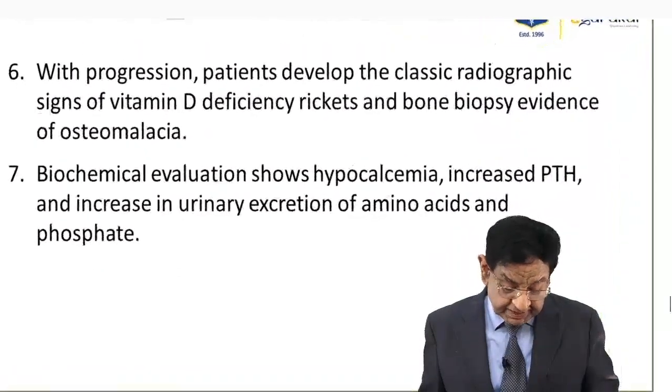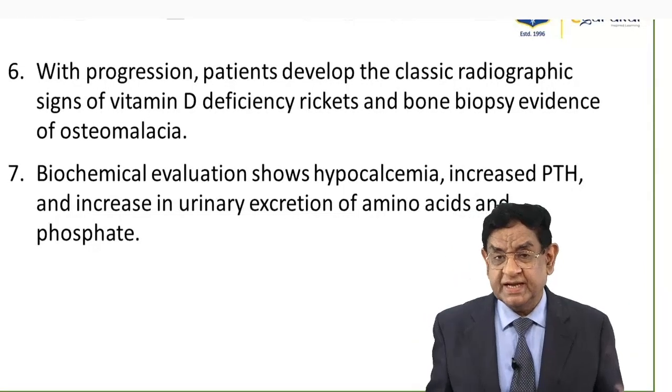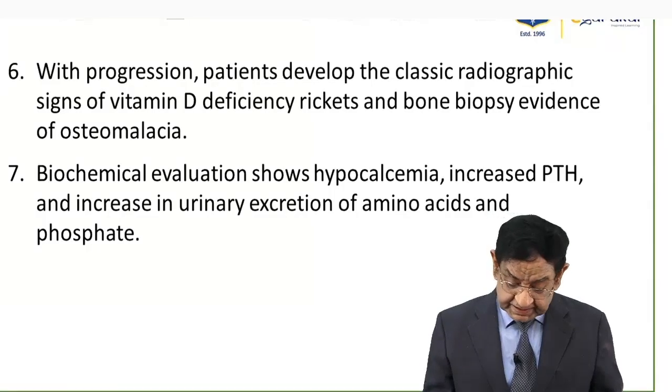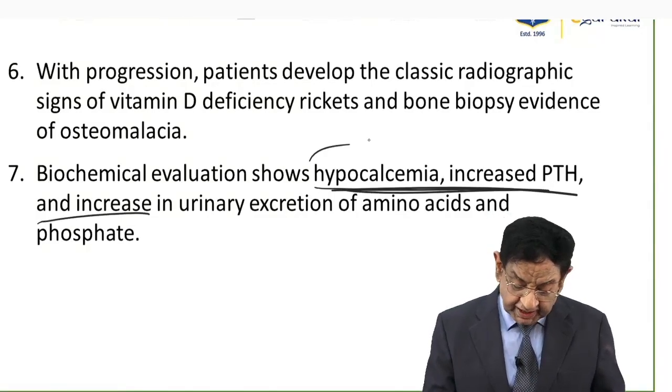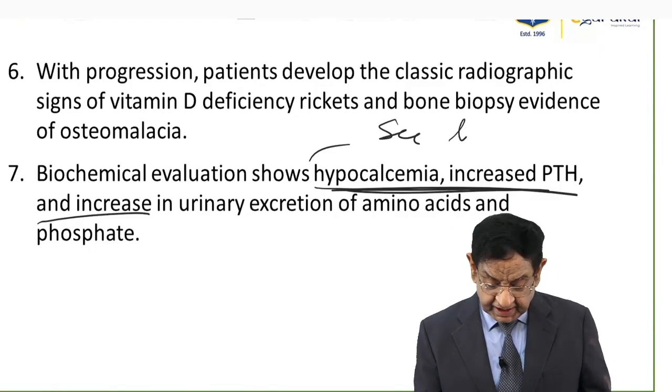So these patients can develop features just like vitamin D deficiency, and later on they can develop low calcium which will lead to increased PTH. Why? They are developing secondary hyperparathyroidism.